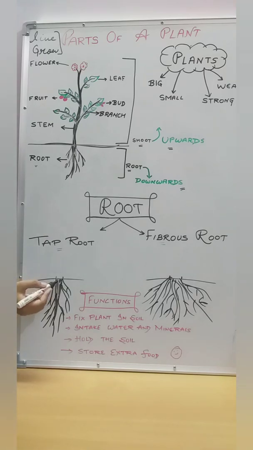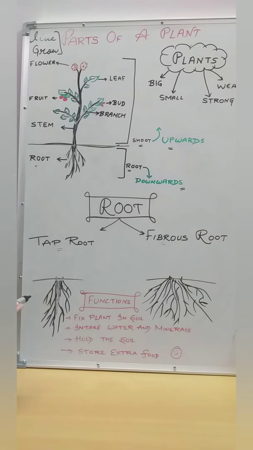Taproot consists of a main thick root. Here you can see this main thick root which grows from this end of the stem, and many small roots arise from this main root. In this, one main root is there. All other roots are coming out from this main root.